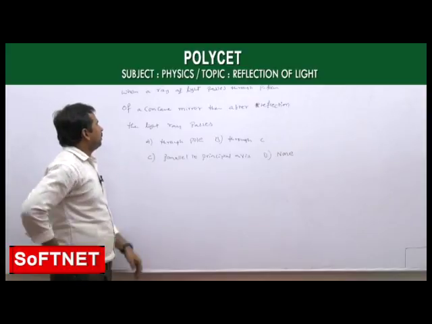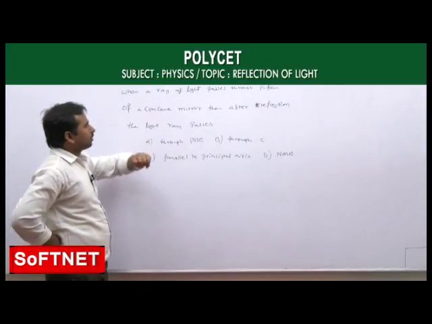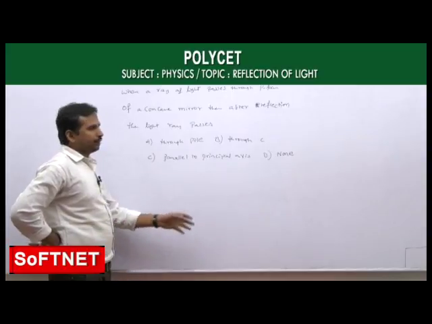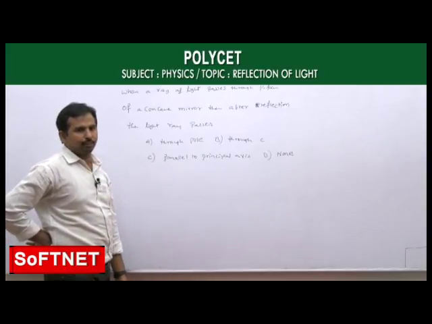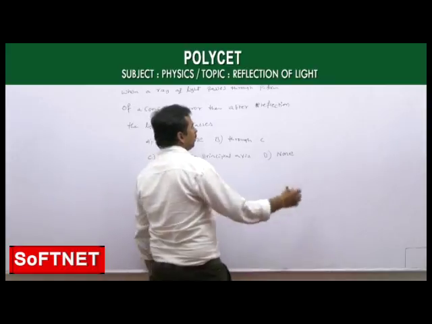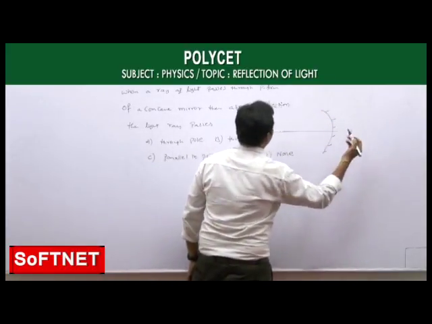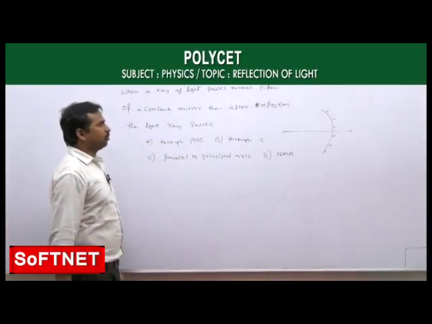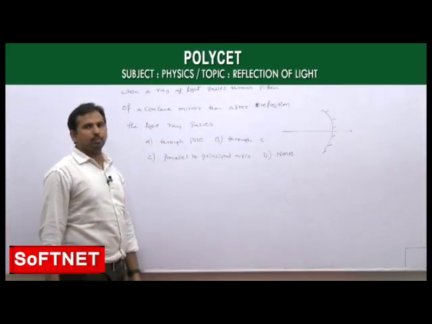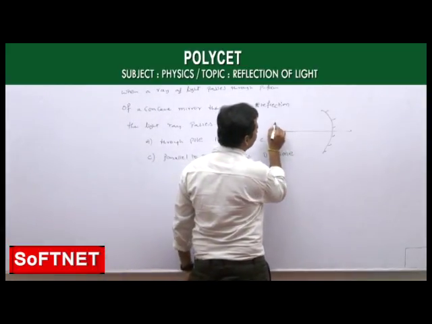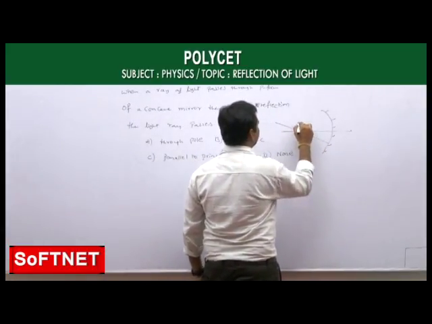Now, given that a ray of light passes through the principal focus of a concave mirror, after reflection, let us see. If you remember the rules for drawing ray diagrams as we discussed before, the light ray is passing through the principal focus here.